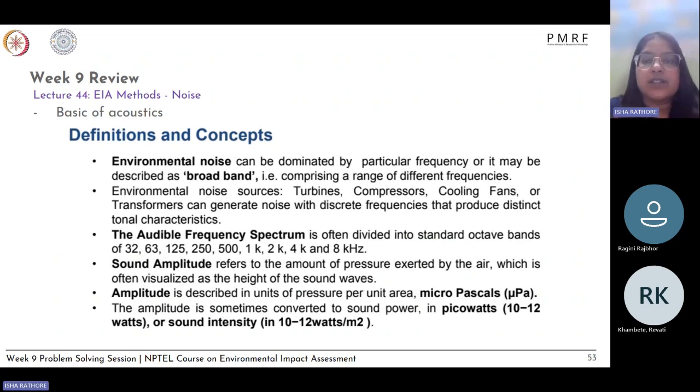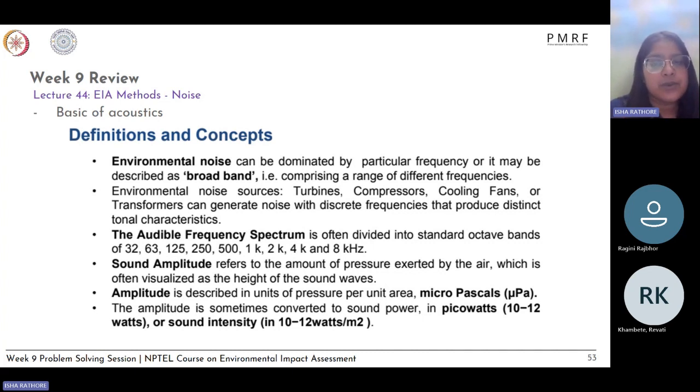Environmental noise is dominated by a particular frequency, or it may be described as broadband, so it comprises a range of different frequencies. Noise sources can include anything which generates noise within different frequencies, like turbines, compressors, cooling fans, automobiles, or some other rogue source.